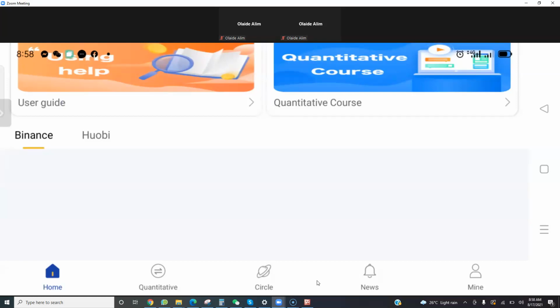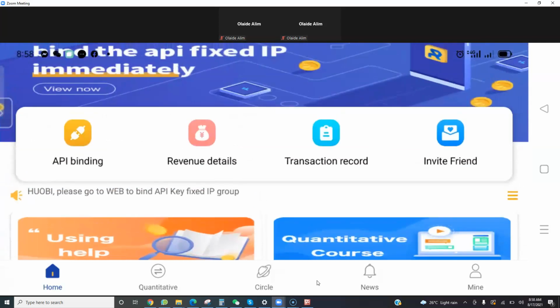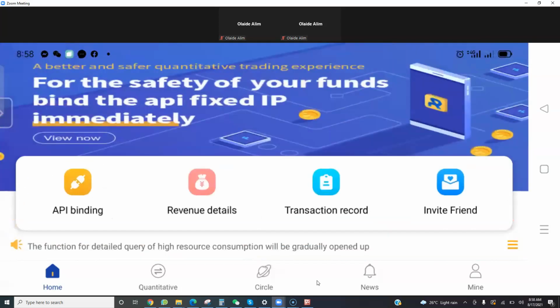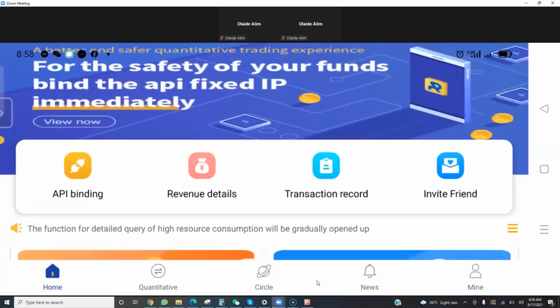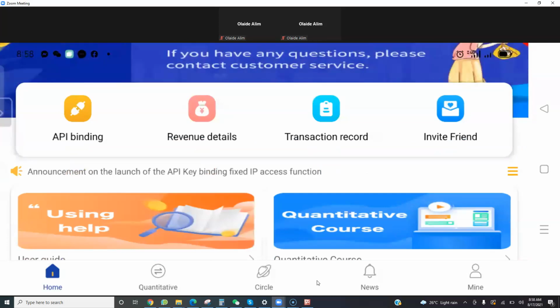Okay. Now let me explain all these: home, quantitative, circle, and news. Home is where you are going to see everything about RoyalQ, API binding, revenue details, transaction, invite, and all that. The section where you are going to be seeing the trading profit is different from where you are going to be seeing the referral profit.